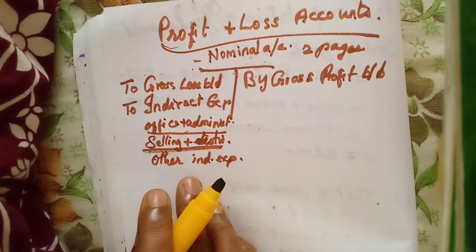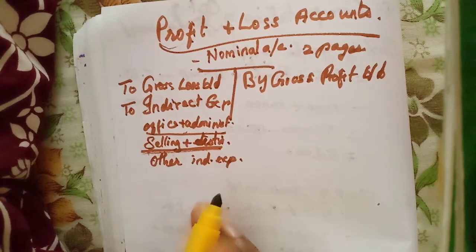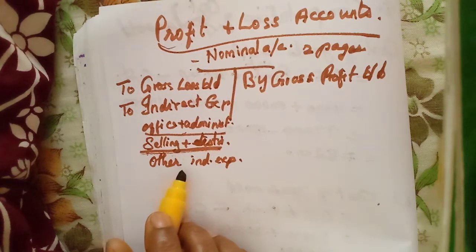Then depreciation on the fixed asset. Then any loss due to fire, theft, all these are considered as other indirect expenses.